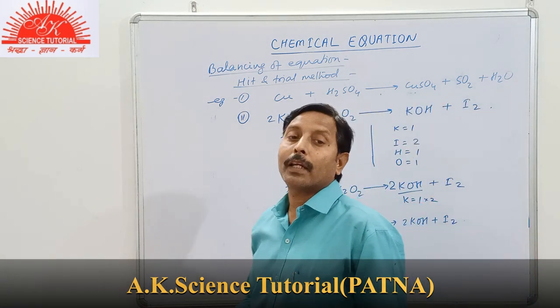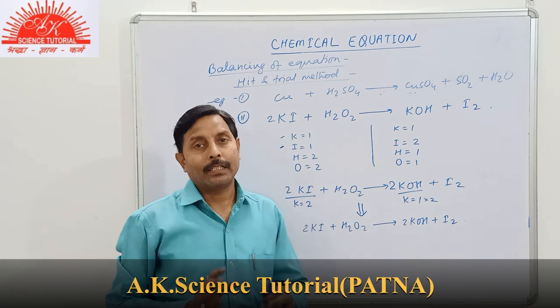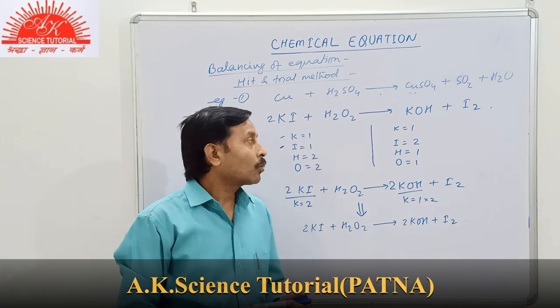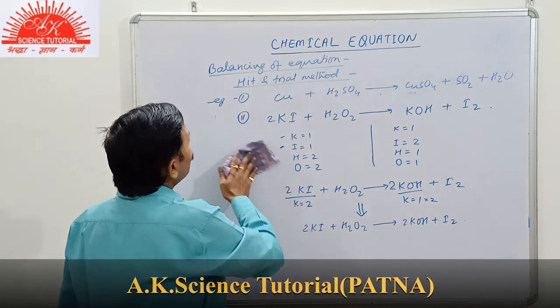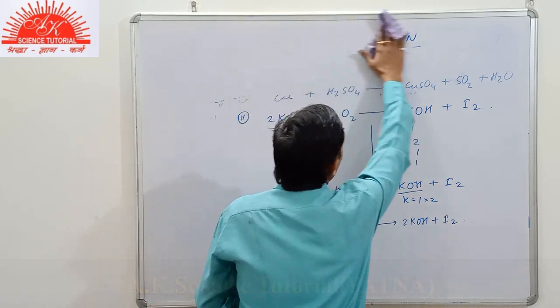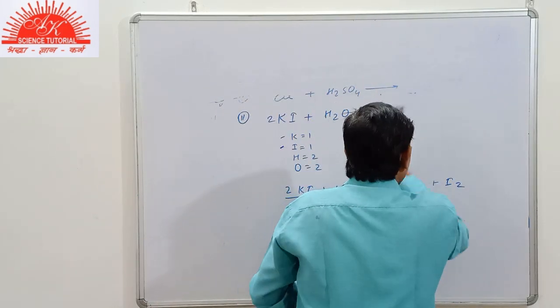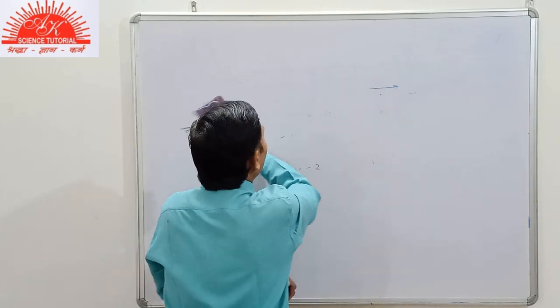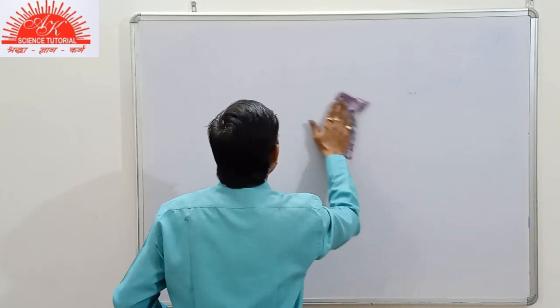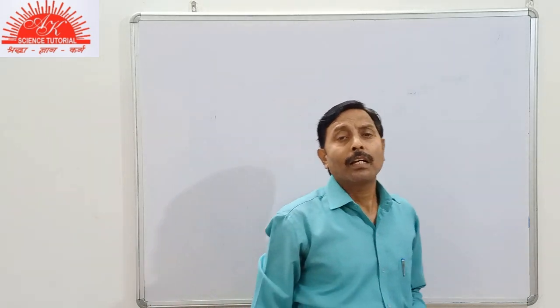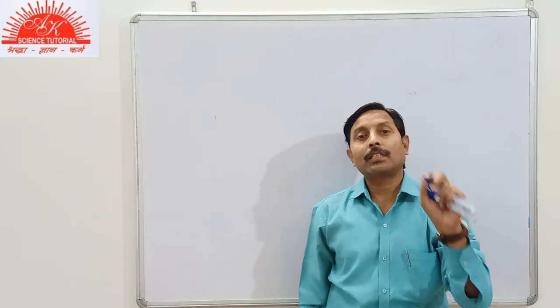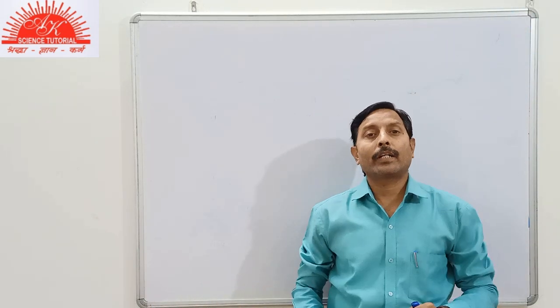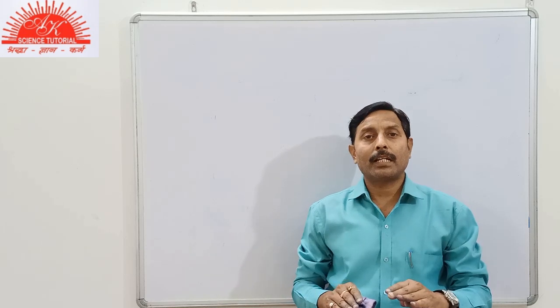So this type of chemical equation is now balanced. Students, you can take further examples to balance, and again I say, if there is some complex equation which is not easily balanced by the hit and trial method, then I suggest you learn the equation at that stage.